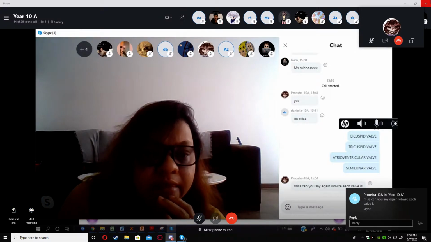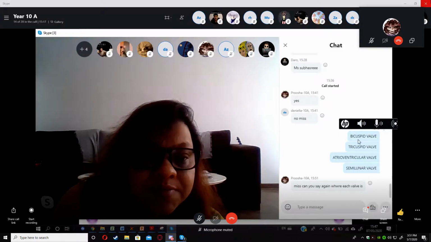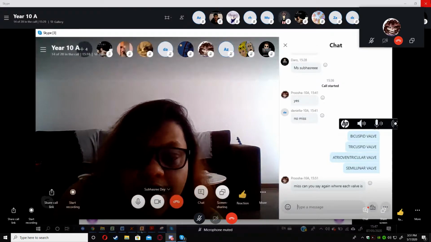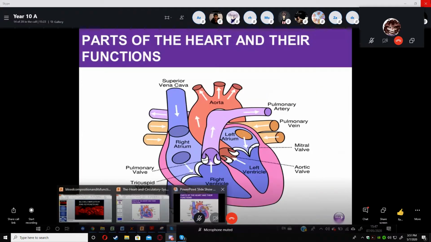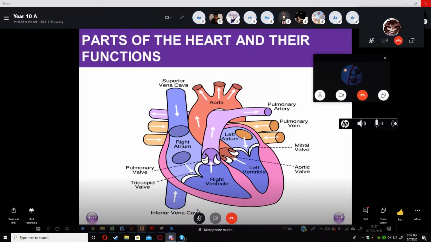Okay. Yes, Prusha. The bicuspid and the tricuspid valve are in between the atria and the ventricle. So between the left atrium and left ventricle, the atrioventricular valve is called bicuspid valve or the mitral valve. And between the right atrium and right ventricle, the valve is called tricuspid valve. All right. Why are they called bicuspid and tricuspid?